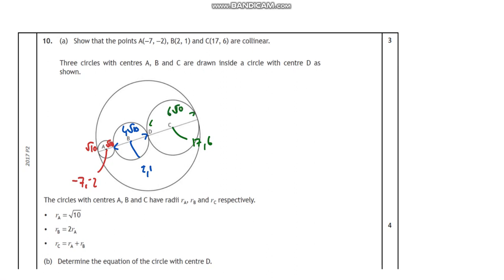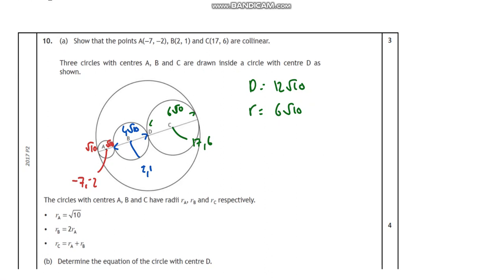So that whole thing is 12 √10s. So diameter is 12 √10s, and I'm going to have 6 √10s equal to my radius.